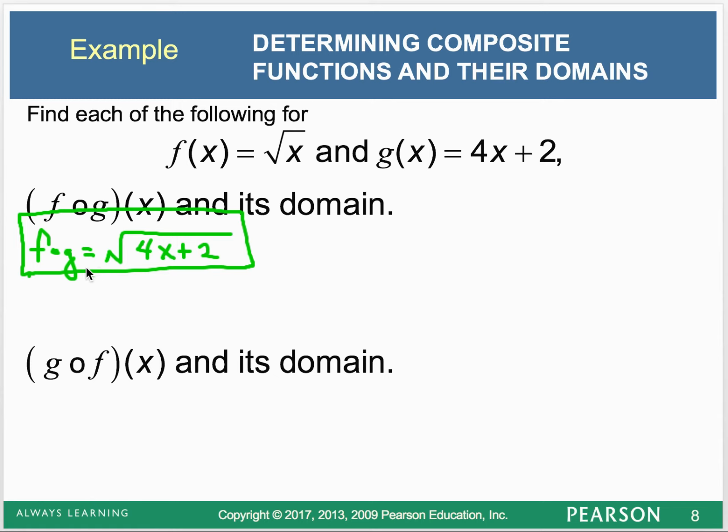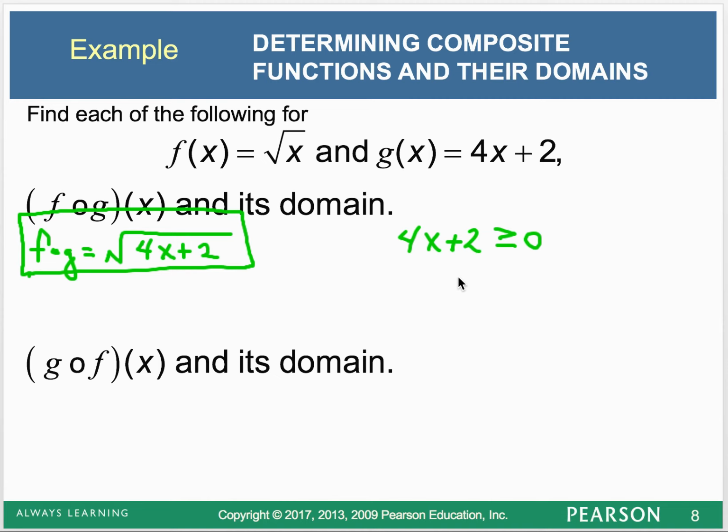Now domain. If I'm doing the domain for f of g, first of all, I need to find the domain for g. Well, I don't have a radical or a fraction, so the domain's all real numbers. And then I'm going to do the intersection of it and my final answer, which means just this, because this is all real numbers. So I need to think about, okay, 4x plus 2 has to be greater than or equal to 0.